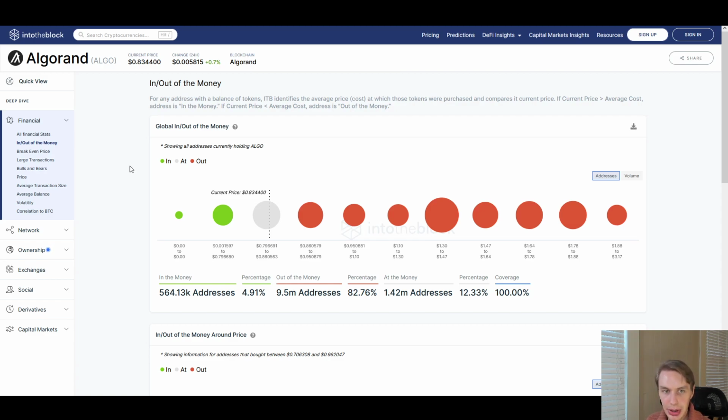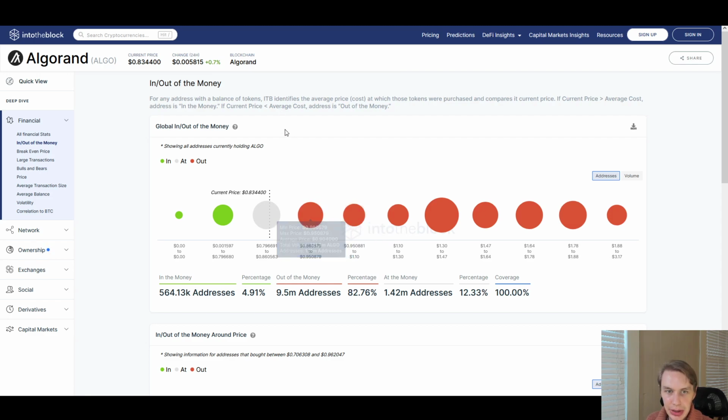I want to look at both here. So what this is depicting is the percentage of addresses that are in the money, which is around 5%, versus out of the money, who are at a loss right now, which is about 82%, 83%, and then the percent who are around their cost basis here.